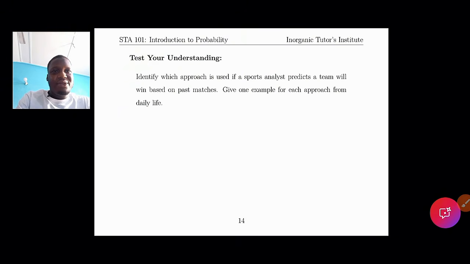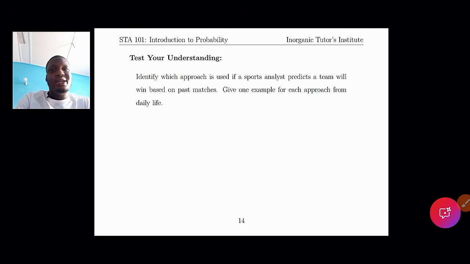Okay, so in my opinion, the sports analyst is making the prediction based on past matches, observed data. It's not based on his feelings or what he thinks. So in this case, we say this is empirical because he is making the judgment based on past matches.